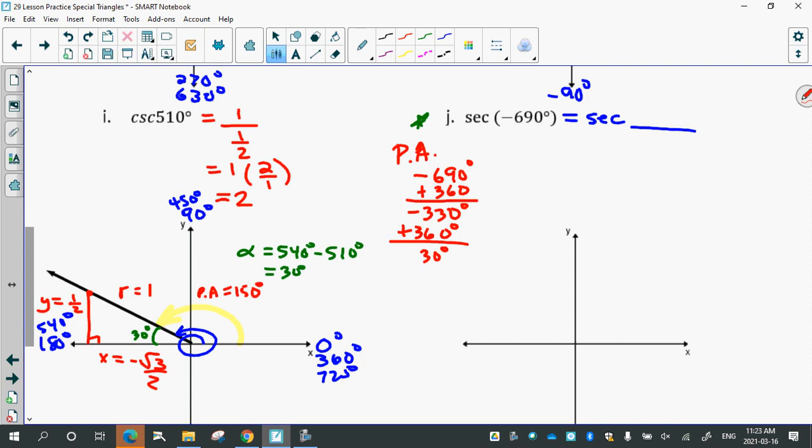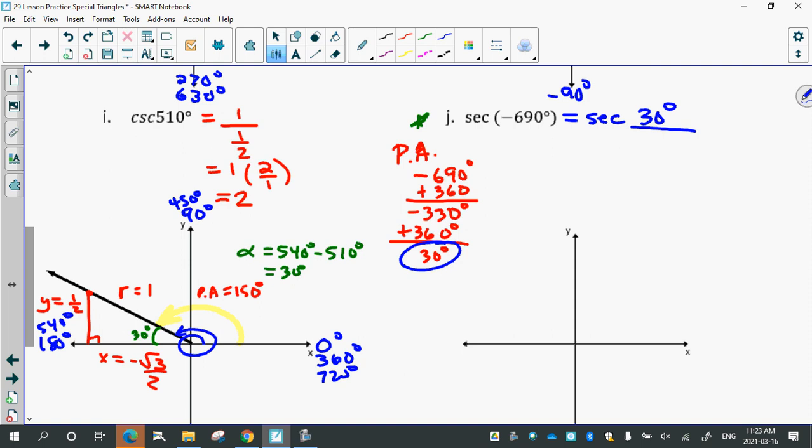30. So a true statement is that the sec of negative 690 is equal to the sec of 30 degrees. So my equals holds. This is exact truth here. Which means now I can just draw 30 degrees, which is way easier to draw than negative 690. Does everyone agree?